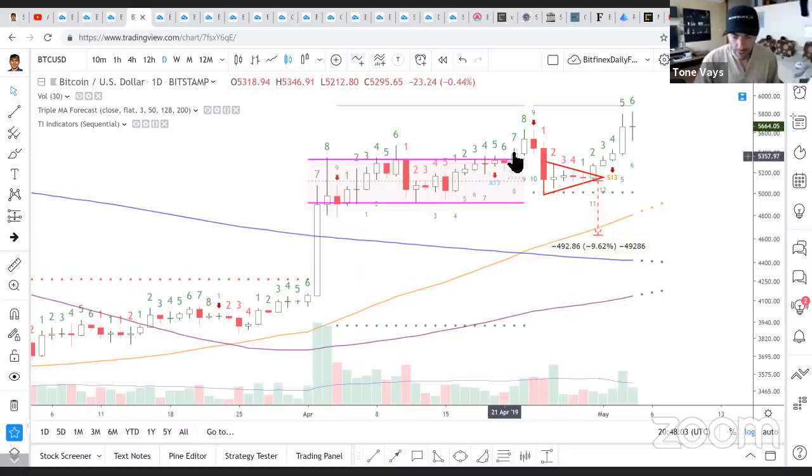So I went long here looking for 6K, and I didn't make it, so I had to take my profit early on a stop loss. And over here, again, I was looking for 4K, didn't go there, so I took my profit, and these were like 10x. These were highly leveraged.